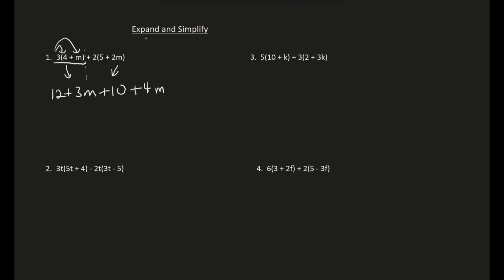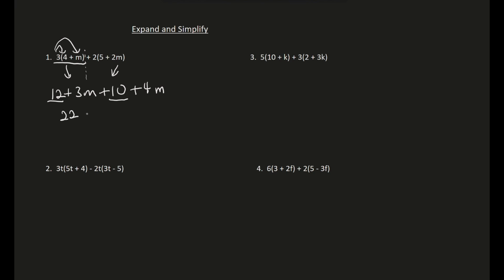Now, our question says expand and simplify. We have expanded the two brackets. We have to now simplify. So let's group like terms. Numbers without a variable, we have 10 and 12, so 10 plus 12 is 22.